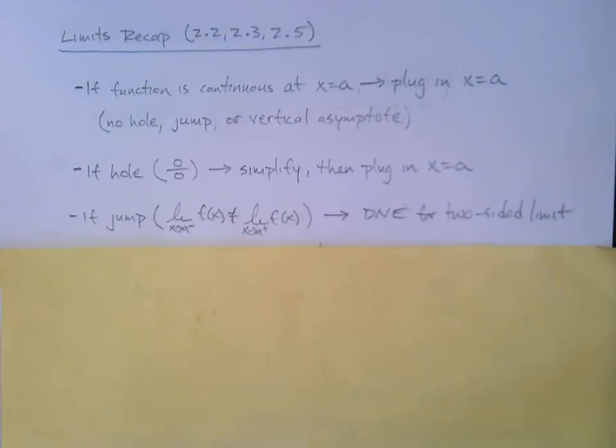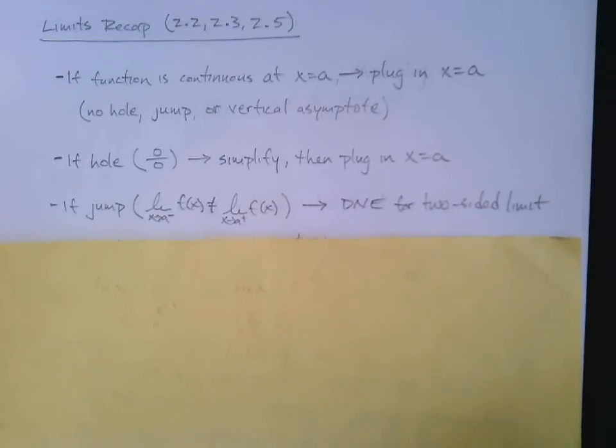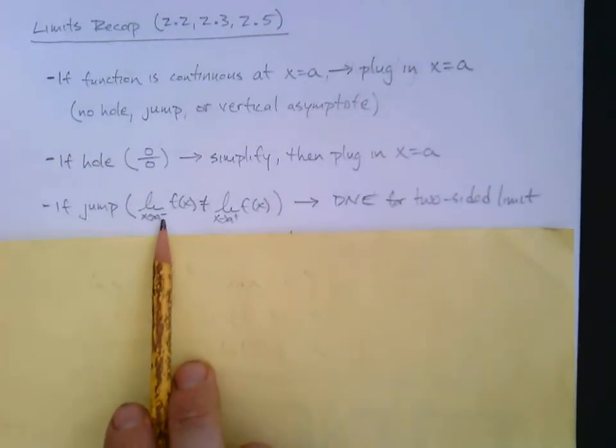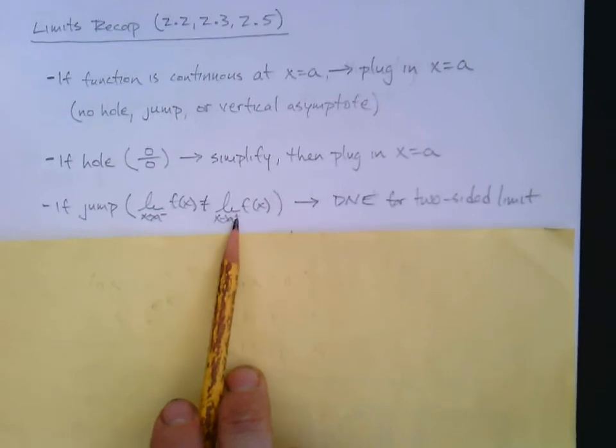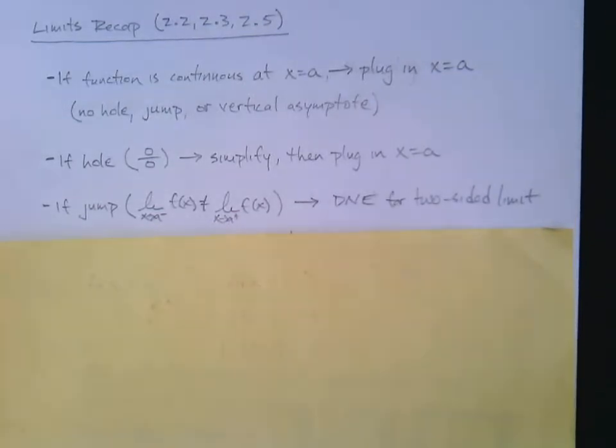What if there's a jump? We know that the regular two-sided limit would not exist. It would be DNE. Sometimes if you're not given a graph, if you're given a piecewise function, you're going to have to look at the limit on the left and the limit on the right separately, and see that those are not equal to one another.